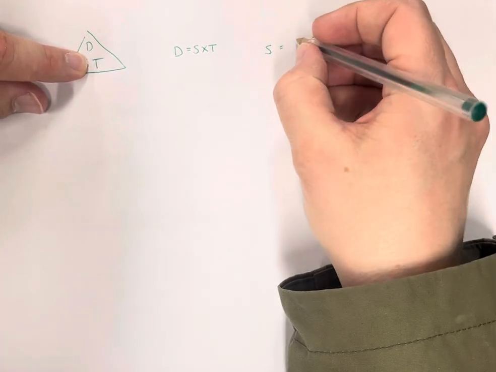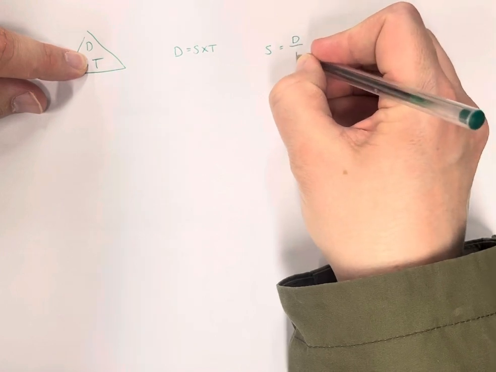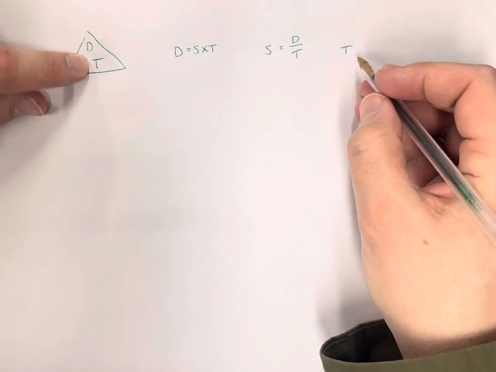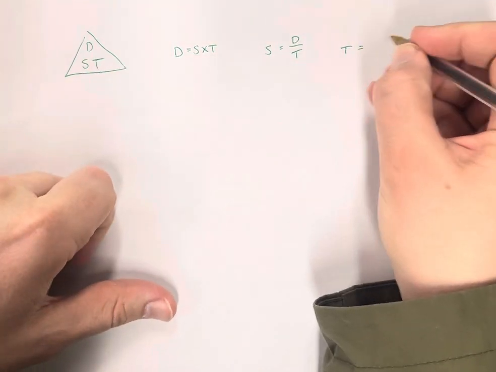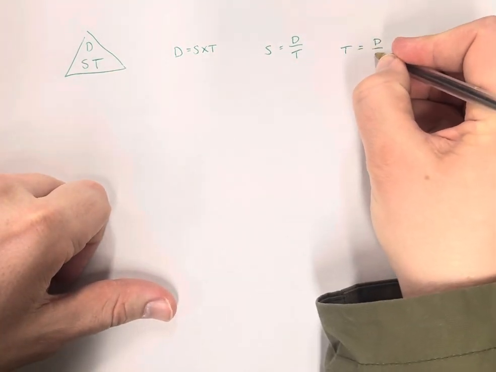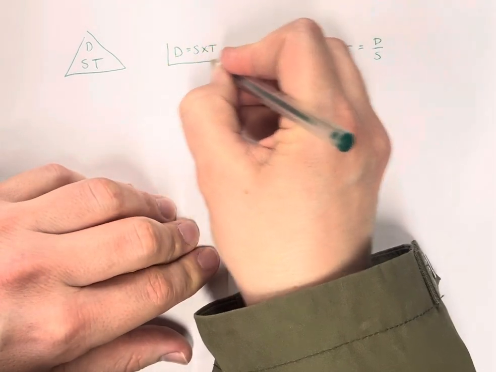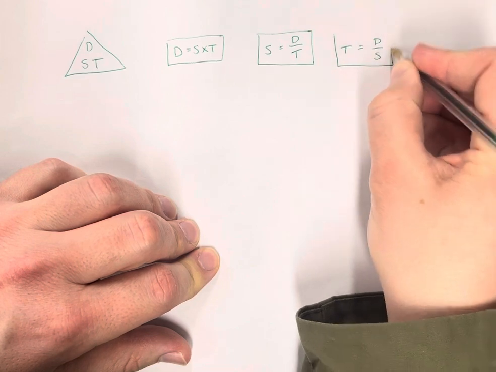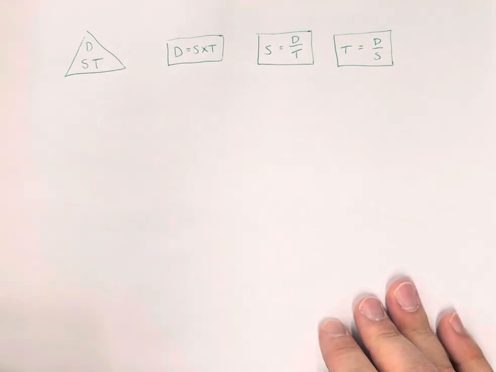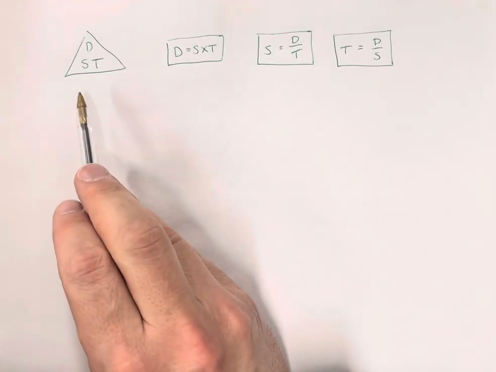So if I want to find the speed, I have to divide the distance by the time. Time, put my finger over time, and you can see I have d over s. So that is d over s. So these are the three different calculations that you might be asked to do with distance, speed, or time.